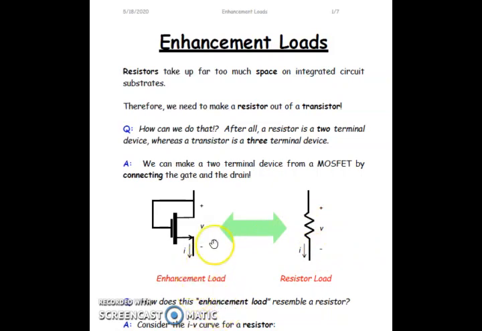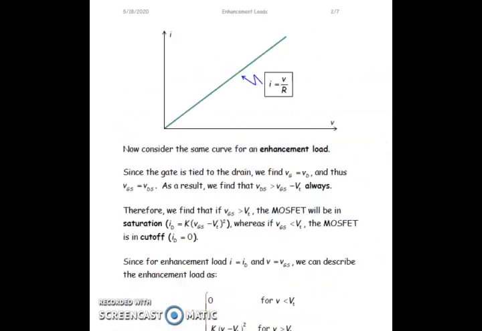Like I told, if I consider the IV curve here, since the gate is tied to the drain, which means VG is equal to VD, that also satisfies the condition VDS greater than or equal to VGS minus VT always.